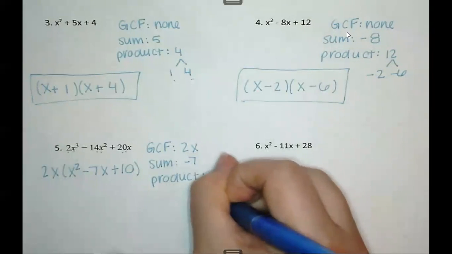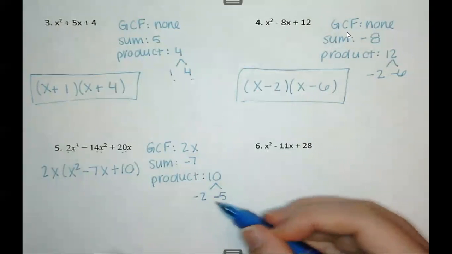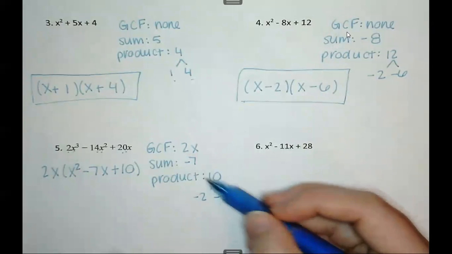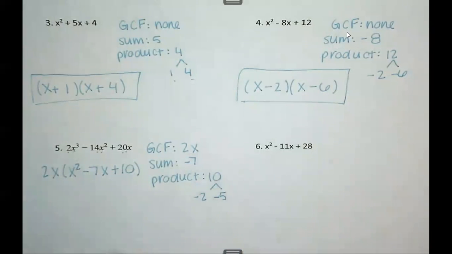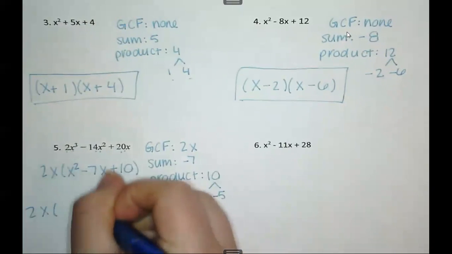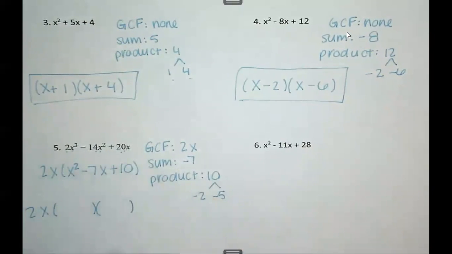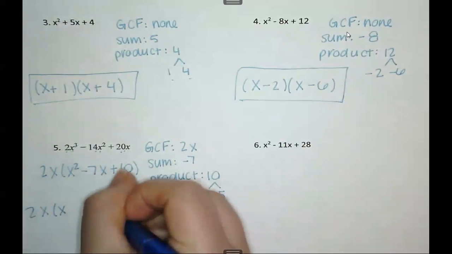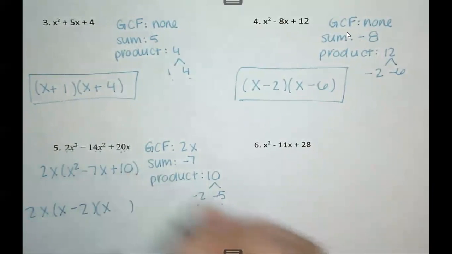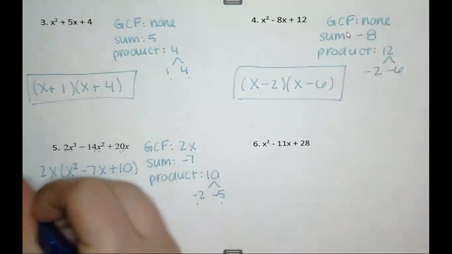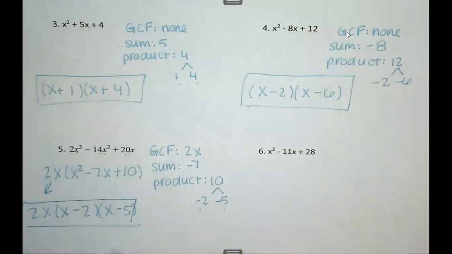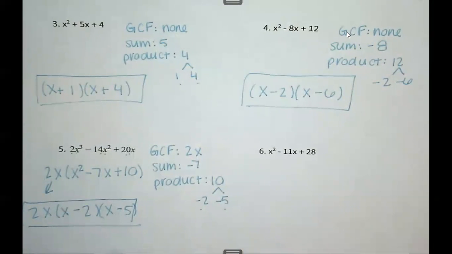So both of these must be negative, because a negative times a negative will give me positive, and negative 2 plus negative 5 will give me negative 7. So we put our GCF out in front, and then we make our 2 sets of parentheses. So you put an x in front of both, and then plug in your 2 numbers. And there's our answer. Make sure you always remember to bring down that GCF in front of your parentheses.